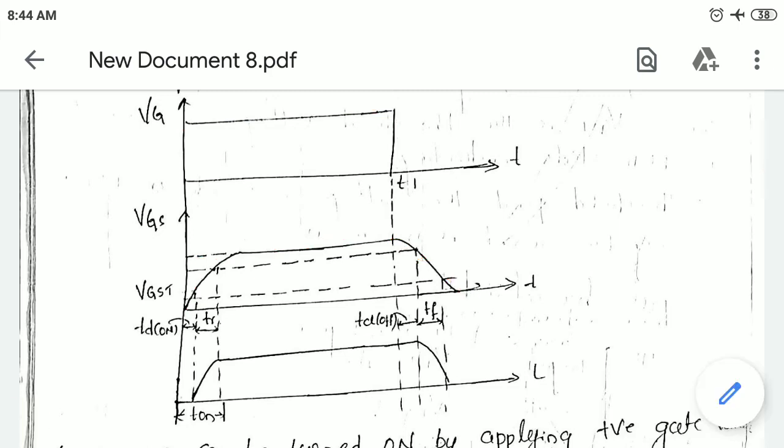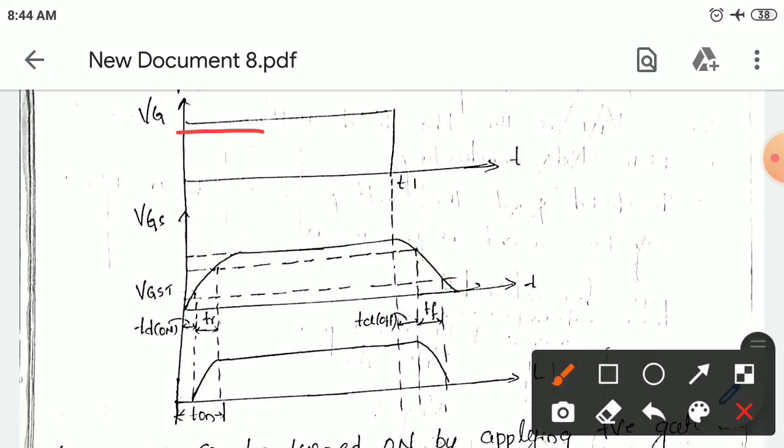Because of the internal capacitance, charging delays your turn on. Once the capacitance is completely charged, your MOSFET turns on and gives the full voltage.